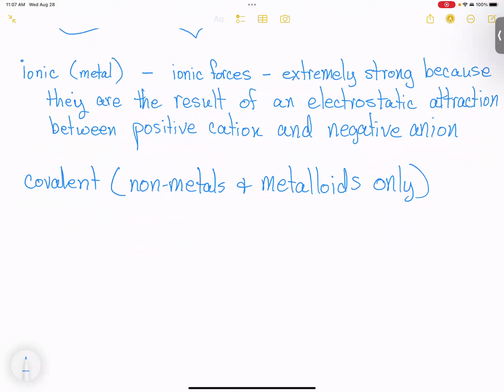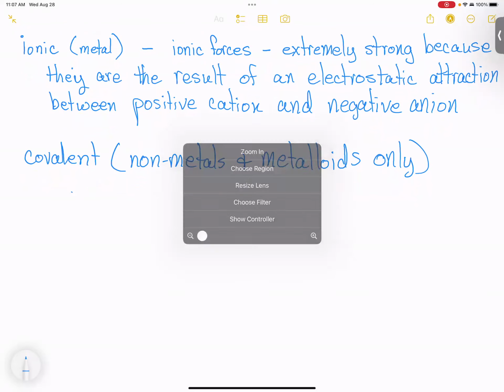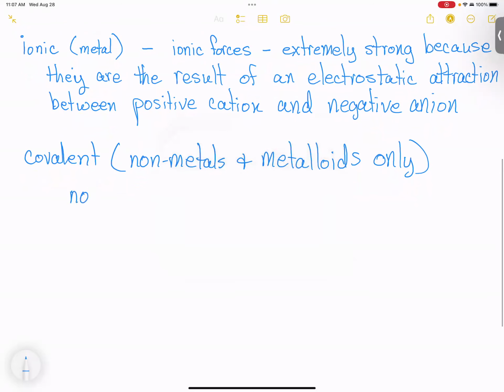Now, when you get into the covalent compounds, you're going to have to do some more work to figure out what the intermolecular force is. The first thing you're going to have to do is determine whether the substance is nonpolar or whether it is polar. So let's start out with the nonpolar.